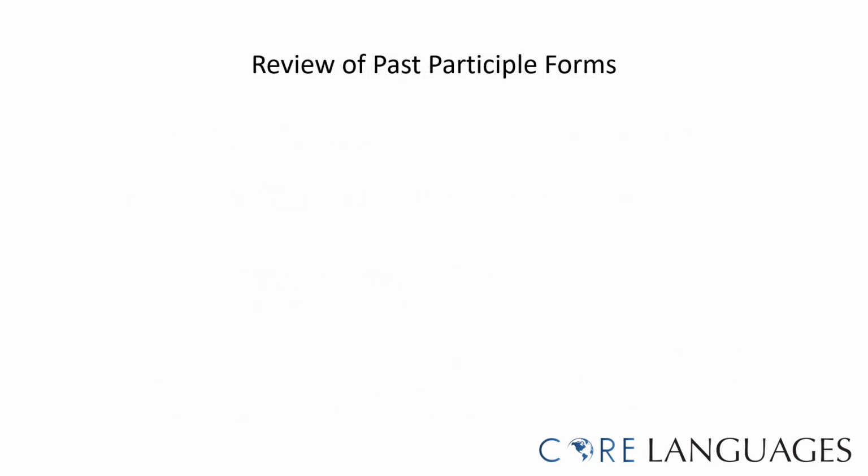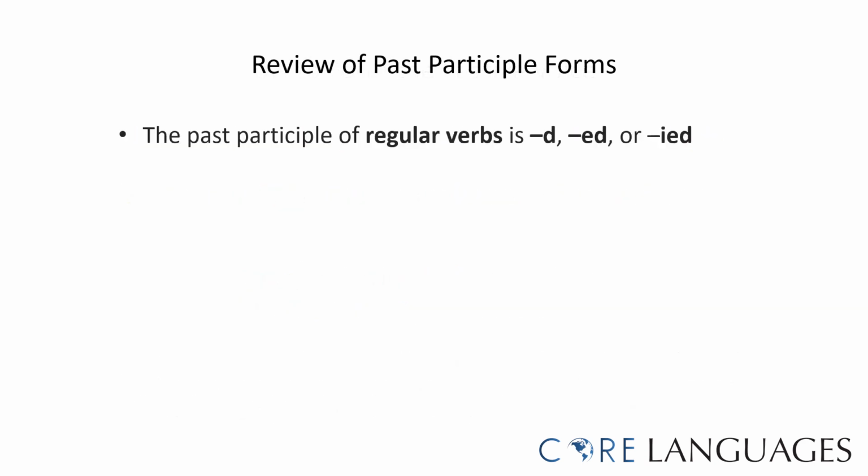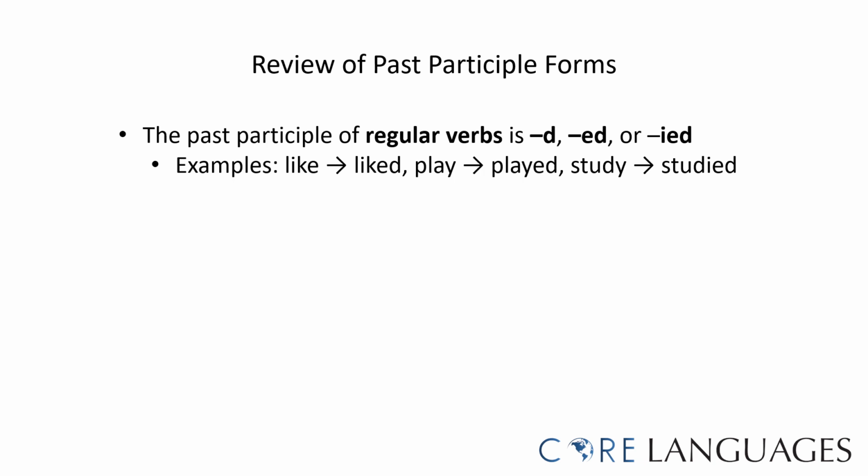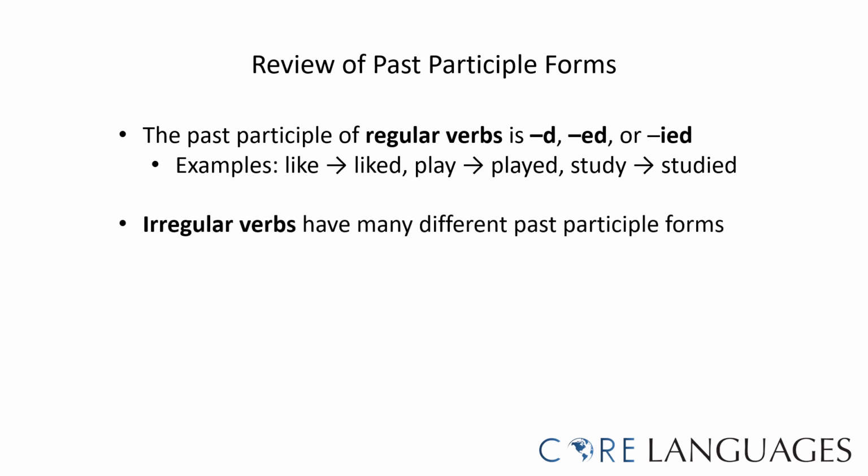To form the past participle with regular verbs, we usually add d, ed, or ied. For example, like, liked, play, played, study, studied. Irregular verbs have many different past participle forms.